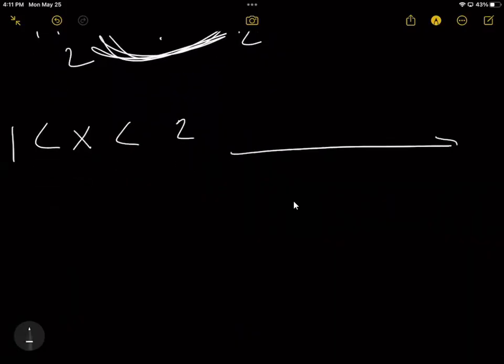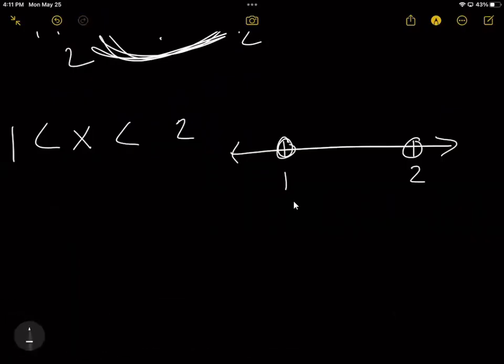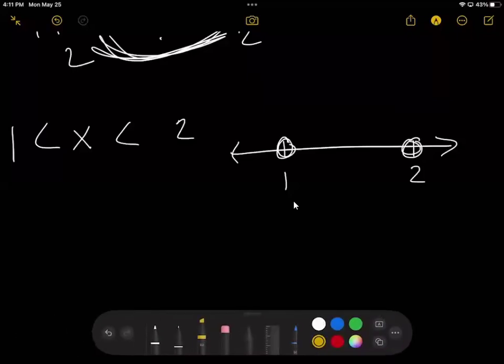I would graph that like this, my 1, my 2 on my number line. It doesn't include 1 and 2 because it's just greater than or less than, not an equal thing, which is why I have an open circle, but it would be everything in between. So I shade that space in between. You do need to shade the space in between.